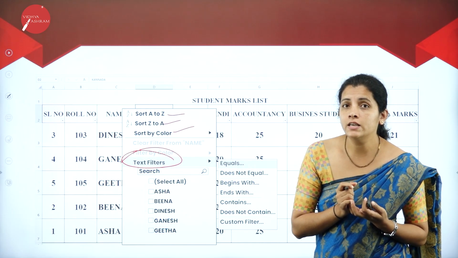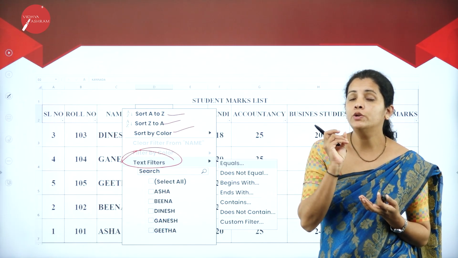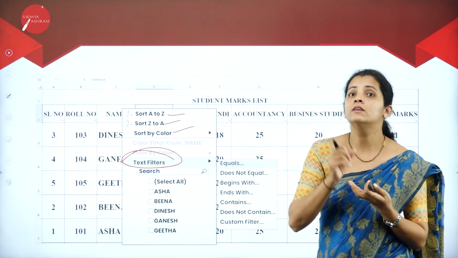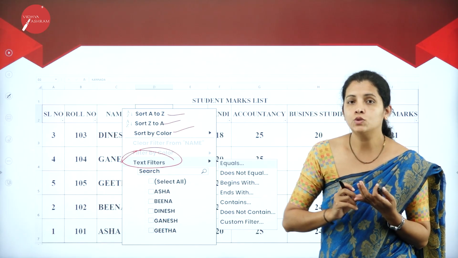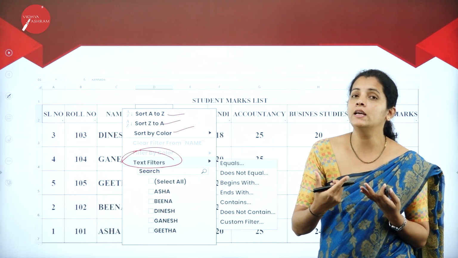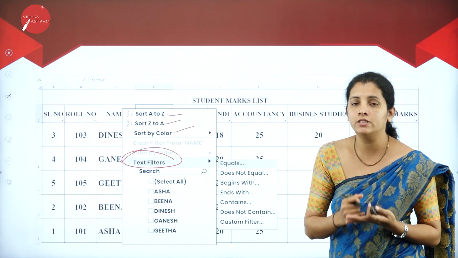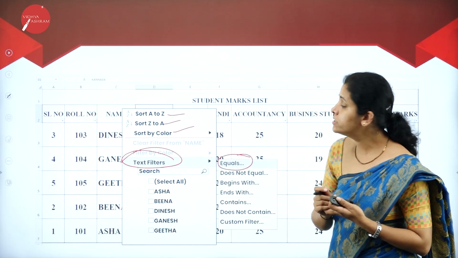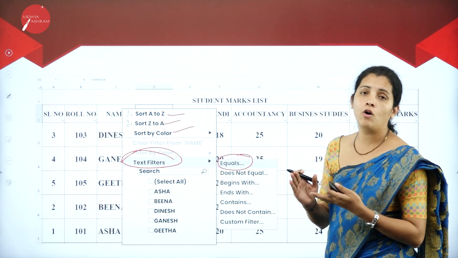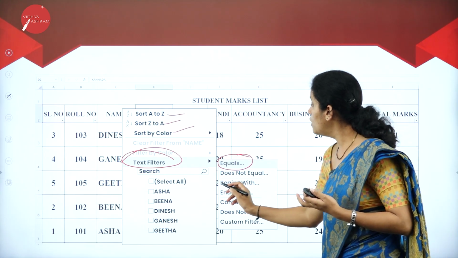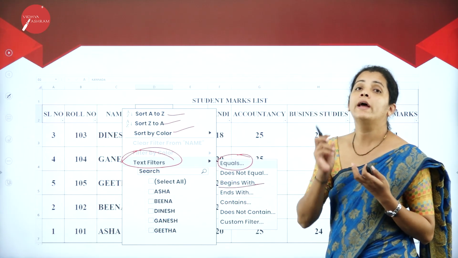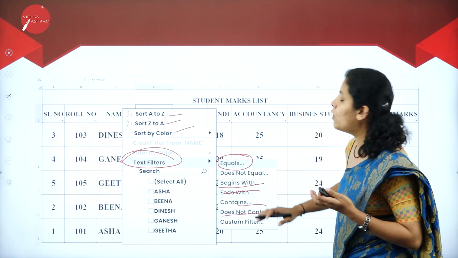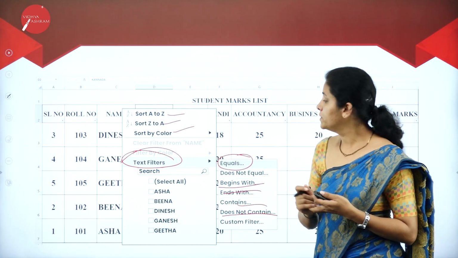What is filter here? Filters are mainly used to display certain values based on certain criteria. So what is criteria here? Criterias are nothing but the condition. So here I am able to specify the conditions like equals or does not equal or begins with or ends with, contains, does not contain or custom filter.